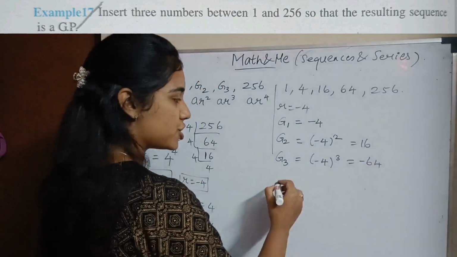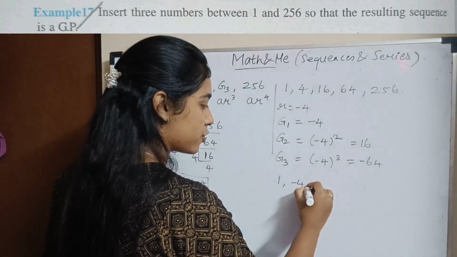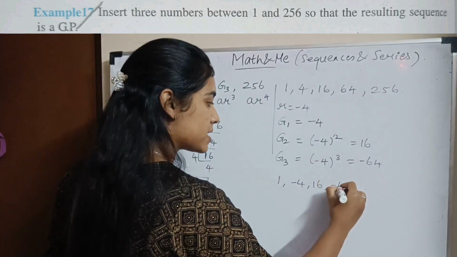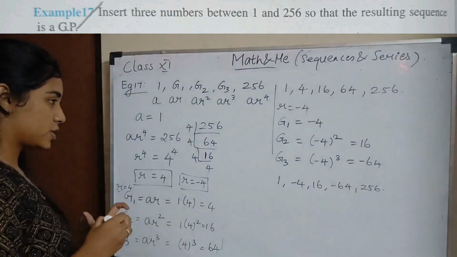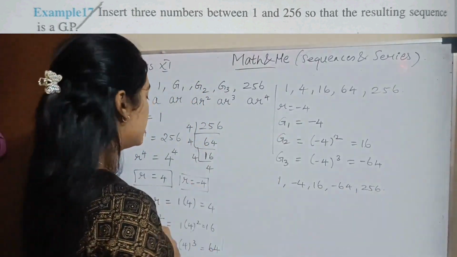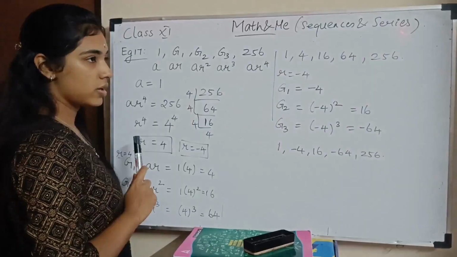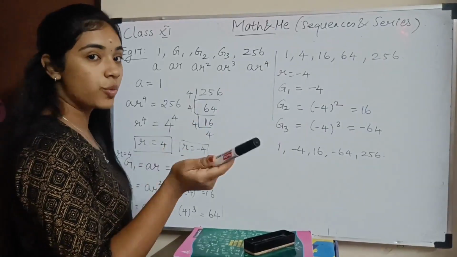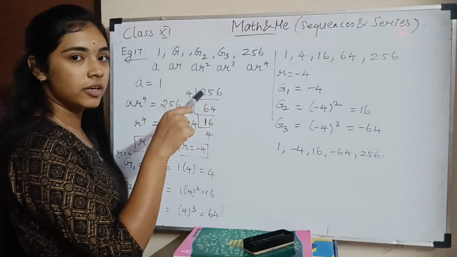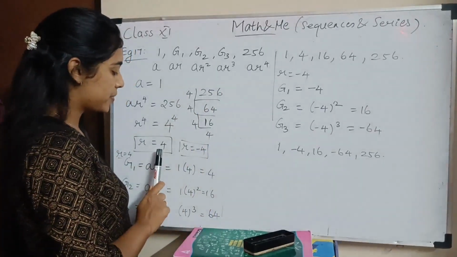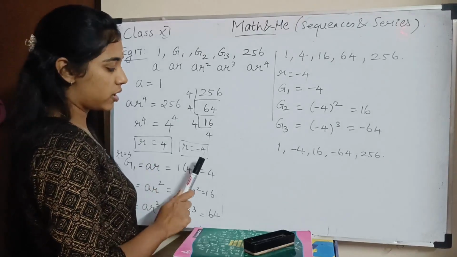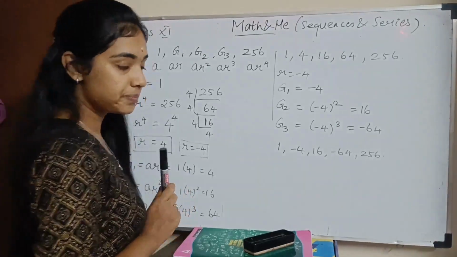So what is your GP? 1, minus 4, 16, minus 64, 256. Okay? So don't neglect the negative symbol because you have r to the power 4. Now, it is similar to taking the square root, in the 4th root. Correct? So you have 4 different roots: 4, 4, minus 4, minus 4. Okay?